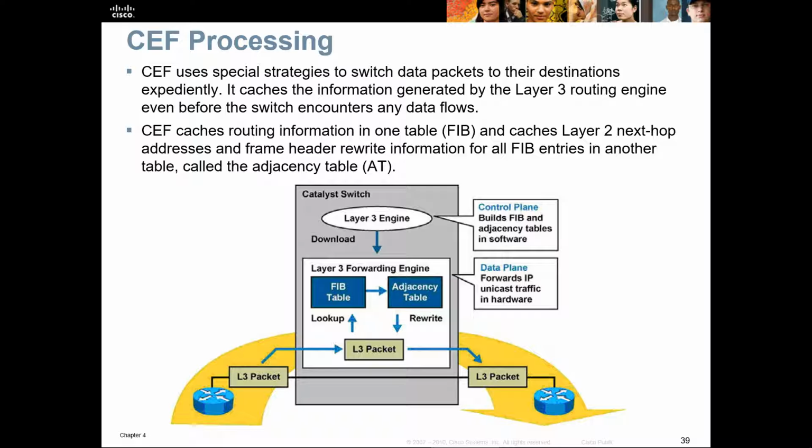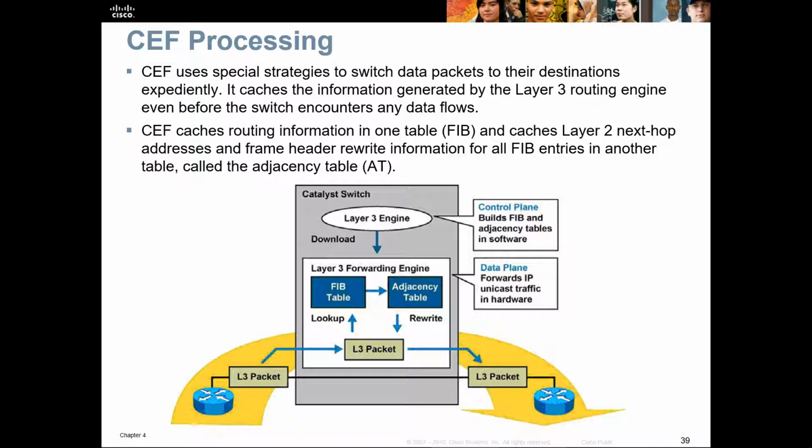CEF caches routing information in one table, our FIB, and then caches Layer 2 next hop addresses and frame headers, the header rewrite information of all the FIB entries, in another table called our Adjacency Table. So our forwarding engine for Layer 3 is consistent with our FIB and Adjacency Tables, and that way the packets will be processed with those.